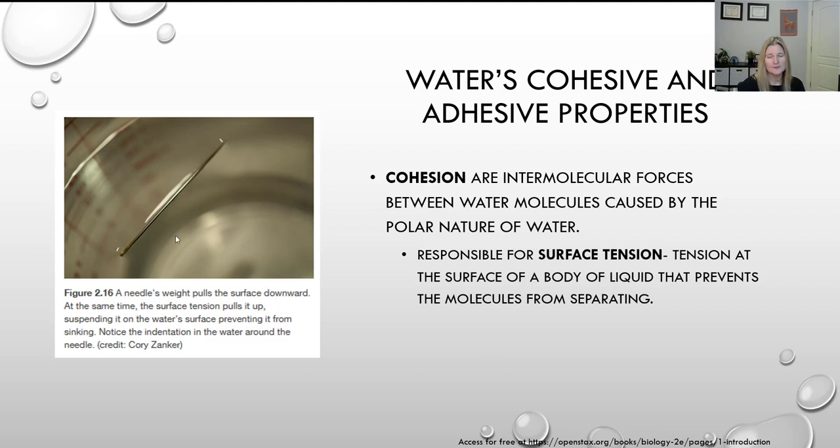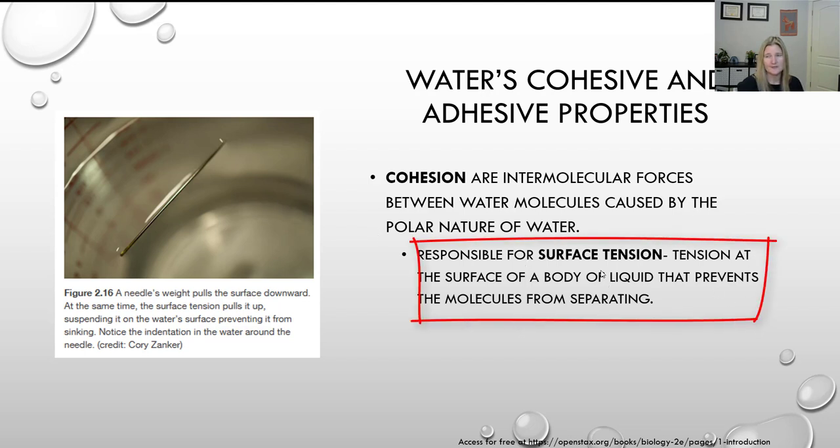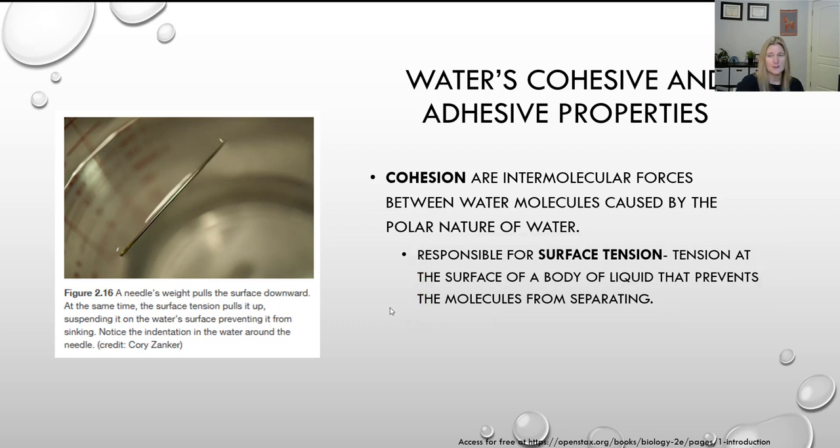If we think about the surface of water, the water molecules are close together and adhere to each other. That cohesion is what gives us something called surface tension. Surface tension is where a body of liquid prevents molecules from separating.